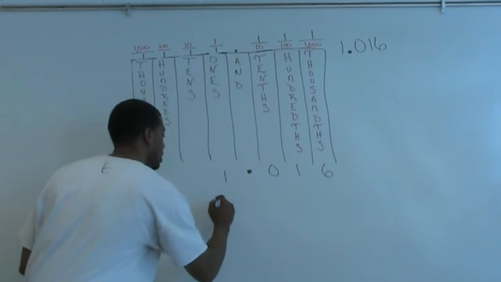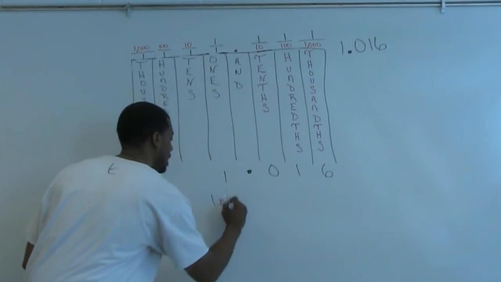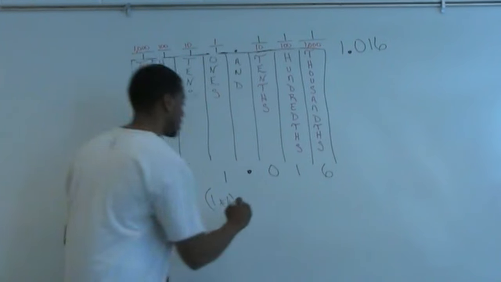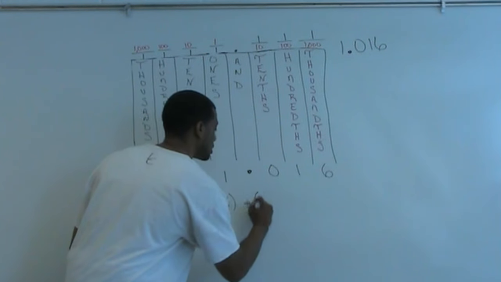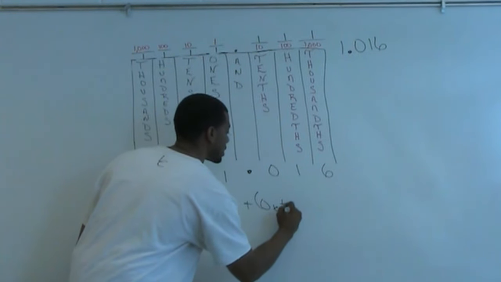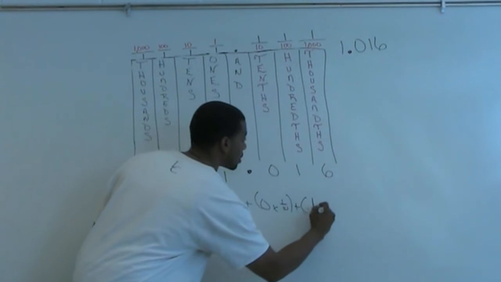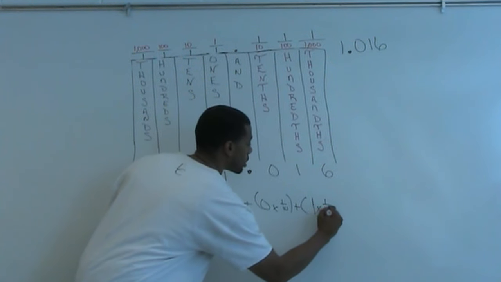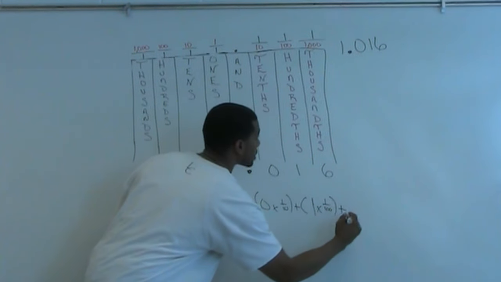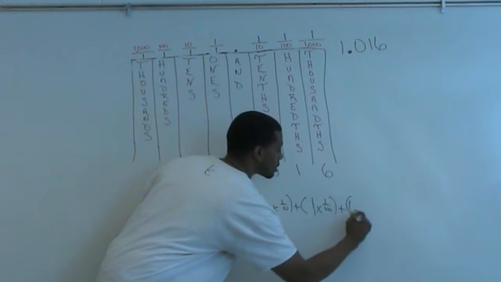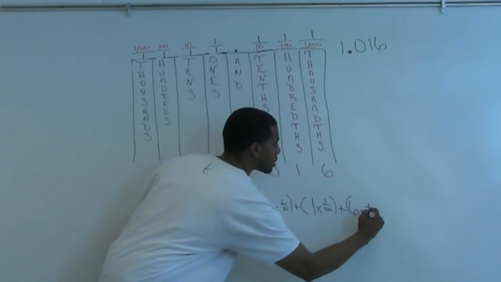So that means I have 1 times 1 plus 0 times 1/10 plus 1 times 1/100 plus 6 times 1/1,000.